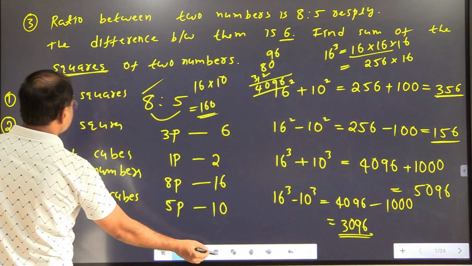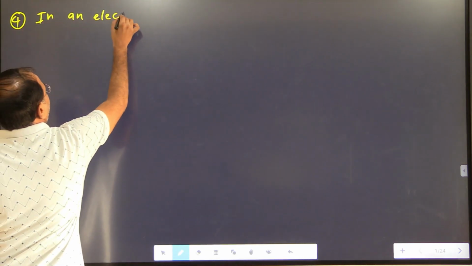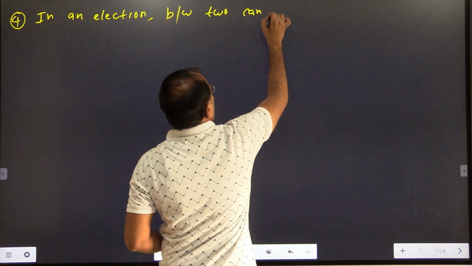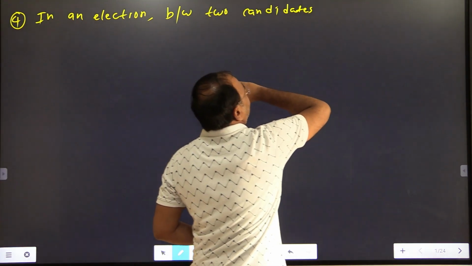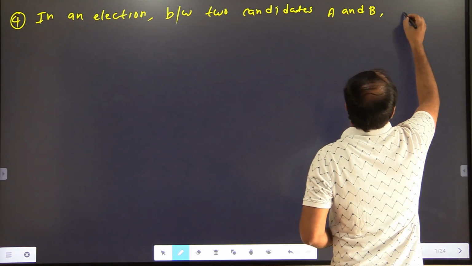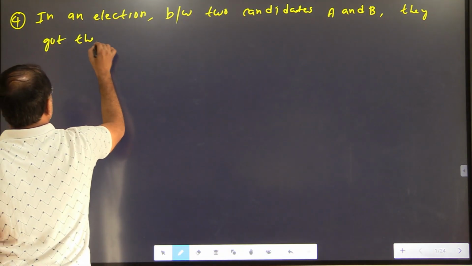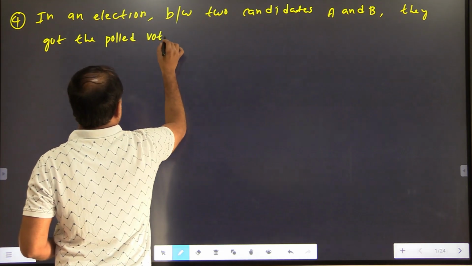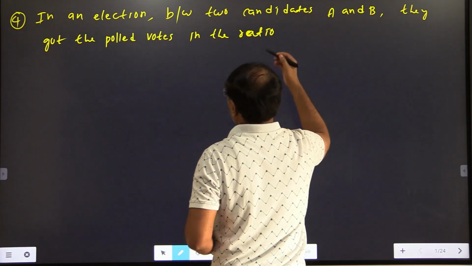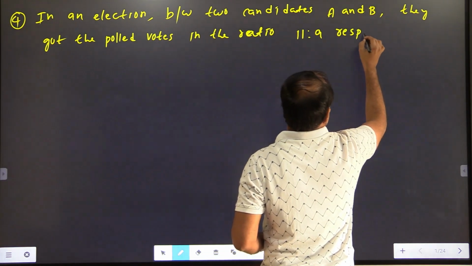And one more thing, next question. In an election between two candidates A and B, they got the polled votes in the ratio 11:9 respectively.